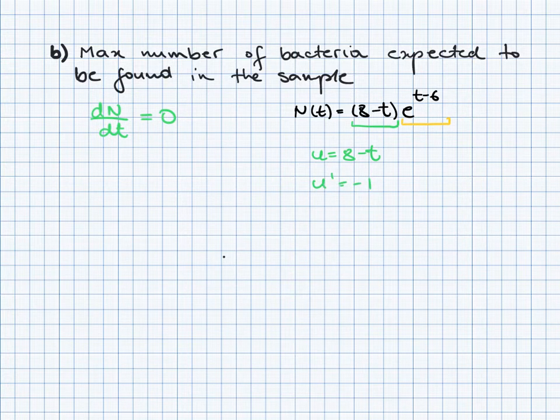The second one is v equal to e to the power of (t take away 6), and the derivative of this function is e to the power of (t take away 6) times the derivative of the function in the exponent, which is only 1.